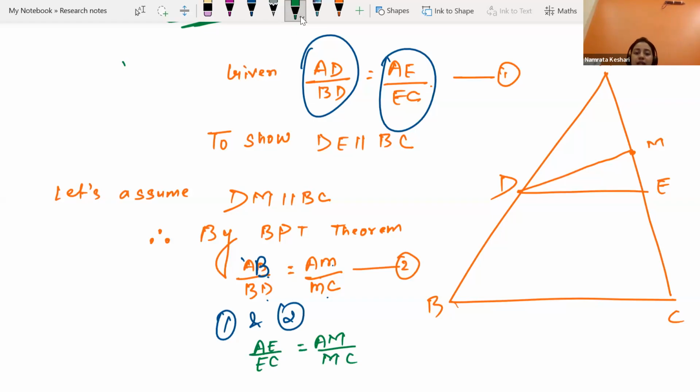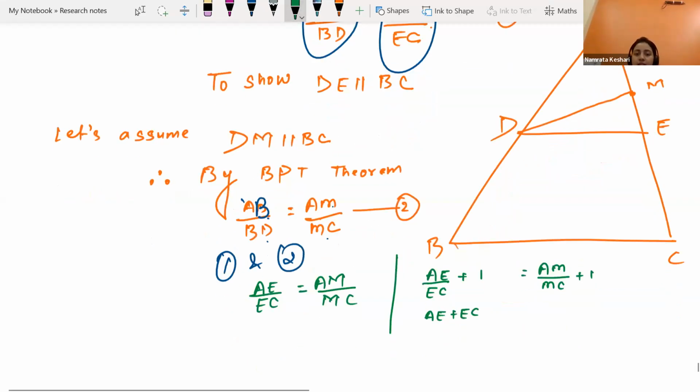After that, we added 1 on both sides, which is completely allowed. Mathematically, it is okay to add 1 on both sides. And from here, we ended up getting AE plus EC by EC is equal to AM plus MC by MC.